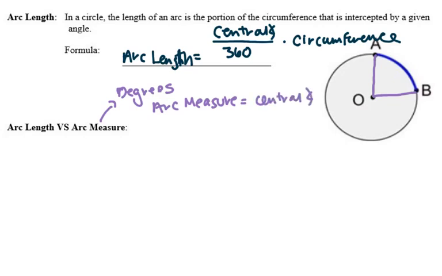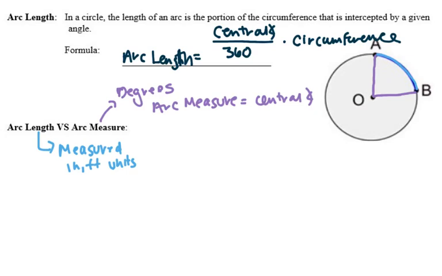So those are given in degrees. An arc length, this blue section here of this intercepted arc, is going to be a measure in inches or feet or that type of units. It's not going to be a degree measurement.